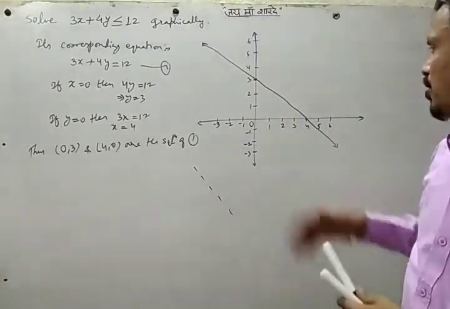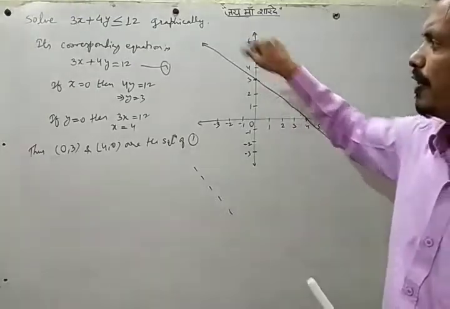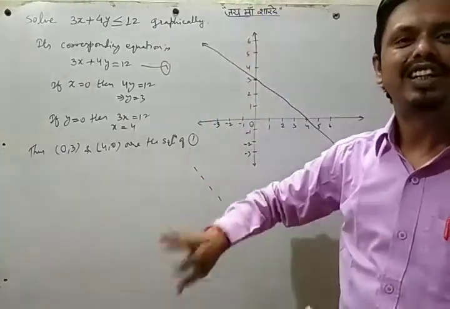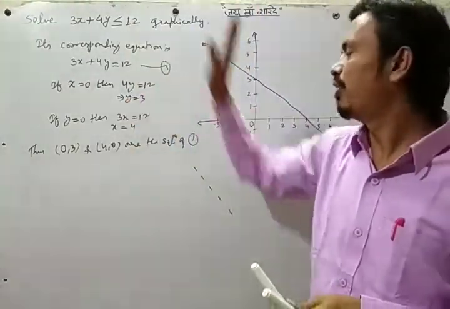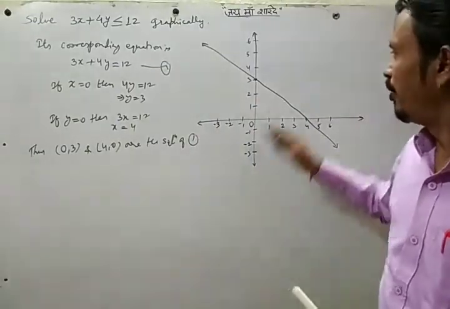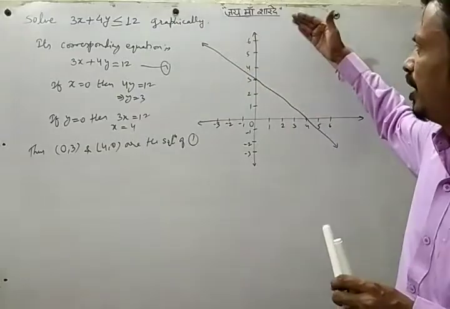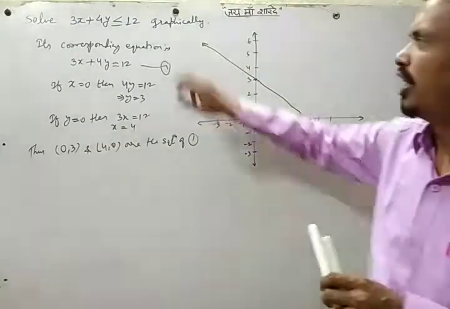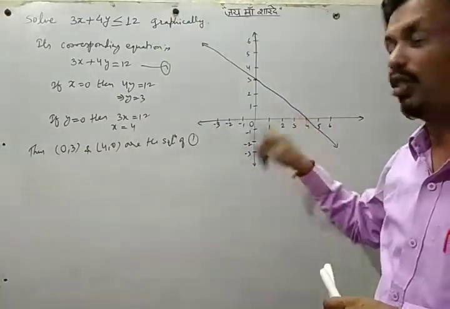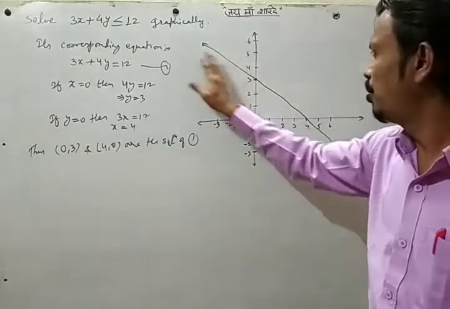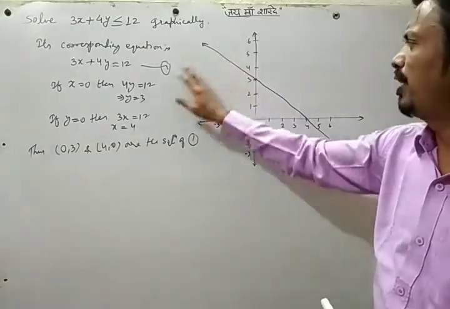So this is the graph of the equation, but we need the graph of the inequation. We know that either this half plane or that half plane will be its solution. Now which is the solution, that we will find out. We can take any one point from this plane.